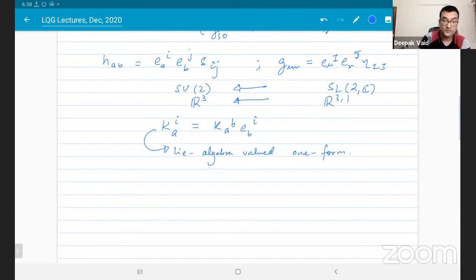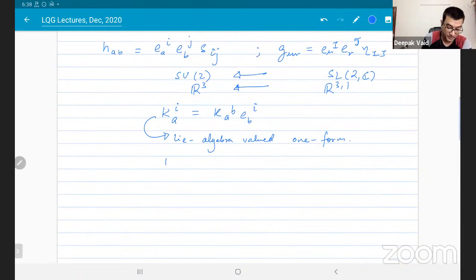Now we have the condition that KAB is symmetric. The extrinsic curvature is a symmetric tensor, right? This is a very important condition.